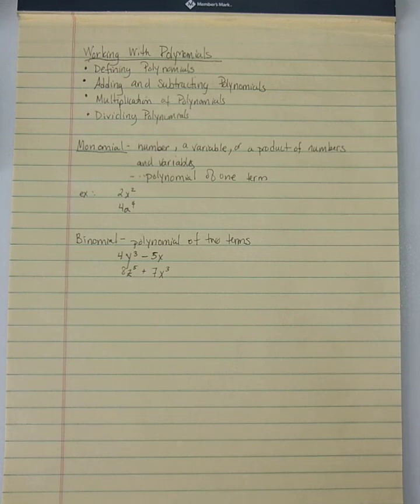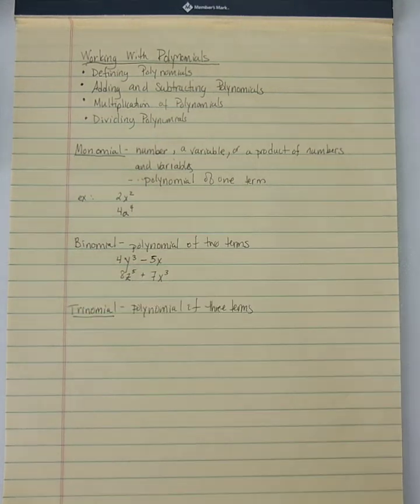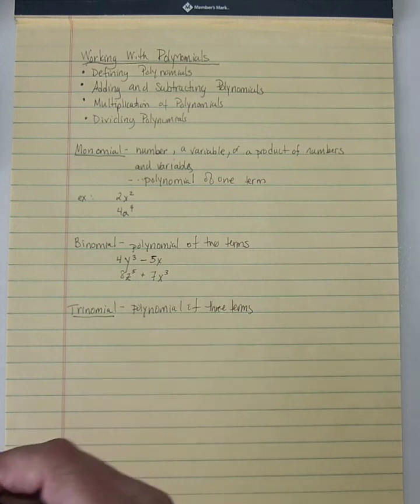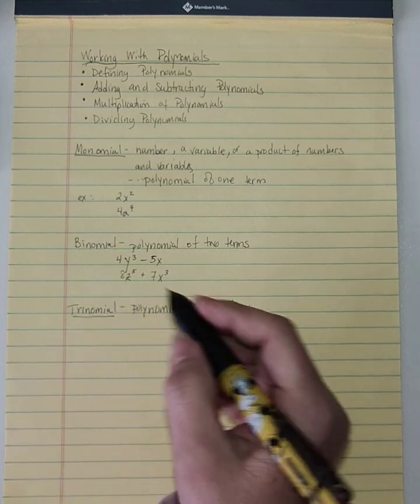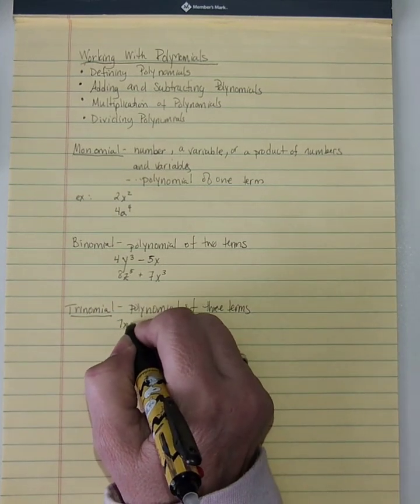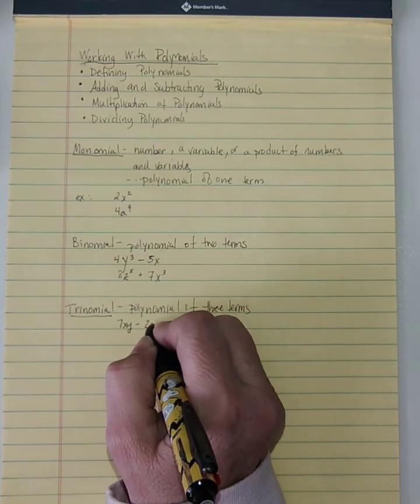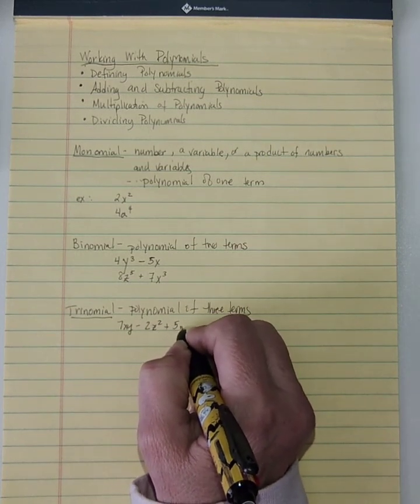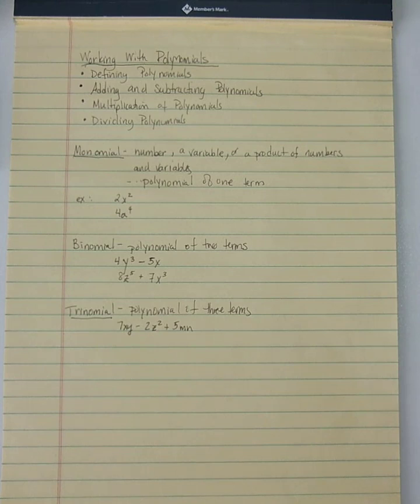That would be another example of a binomial. And a trinomial is a polynomial of three terms. So again, monomials hooked up with plus or minus, and there's three of them, like 7xy minus 2z squared plus 5mn would be an example of a trinomial.